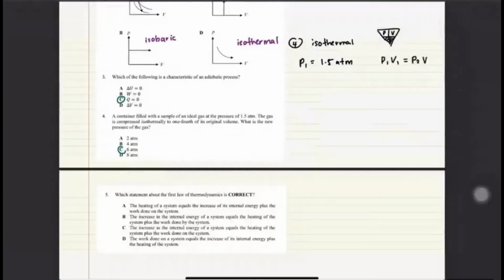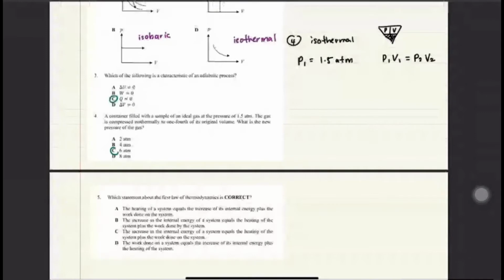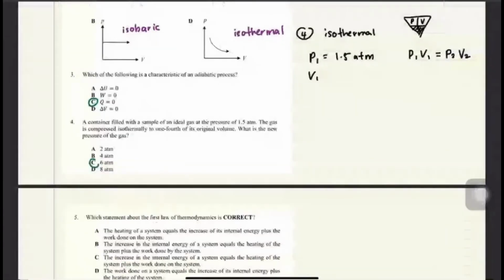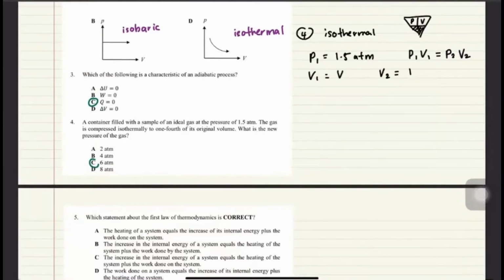Okay, dia kata the gas is compressed. So maksudnya volume dia mengecut lah. Kalau V1 equals to V, that means your V2 is equals to V over 4. Agree or not? Agree.